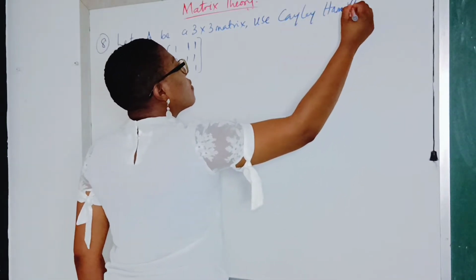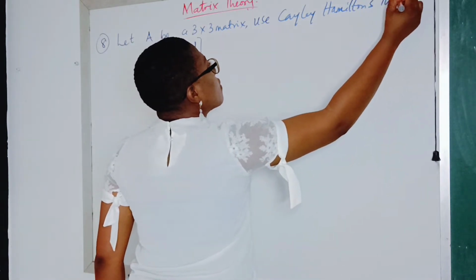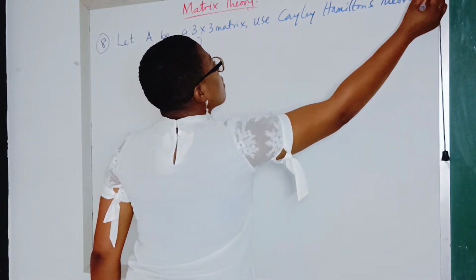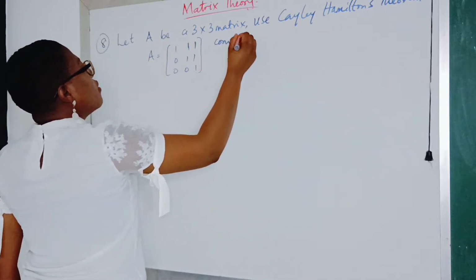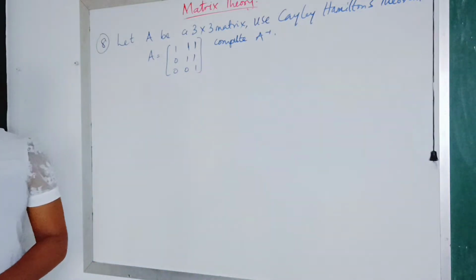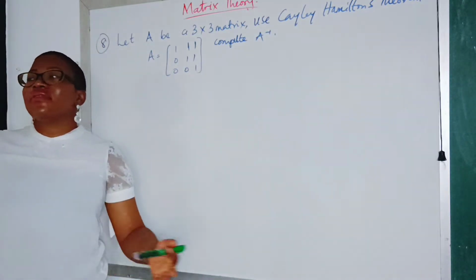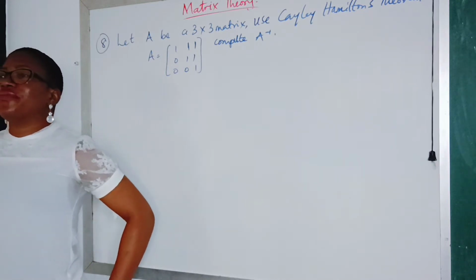Kramer. Cayley Hamilton. Cayley Hamilton theorem. To compute the inverse, The right? inverse of A. Have we done this in our class? Yes. No. It's very simple. Are we ready? What's Cayley Hamilton's theorem? We've done it before.